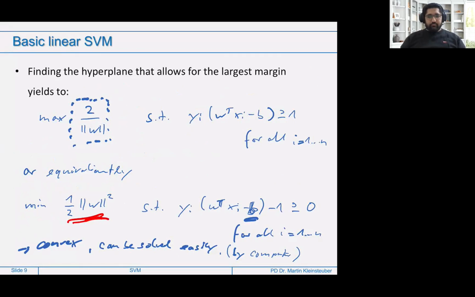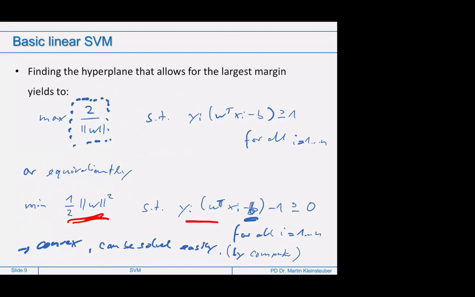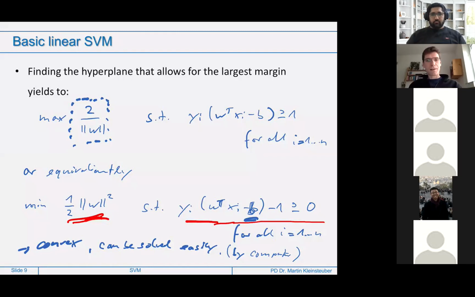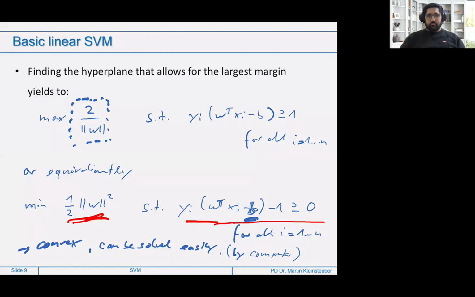That was somehow the reciprocal of the margin, subject to the constraints on the other side. That means whenever I have this hyperplane W transpose Xi minus B, all data points should lie on the correct side. And that was this problem where we stopped.